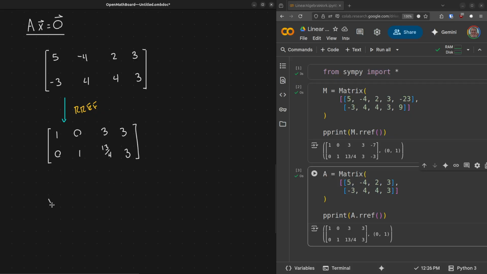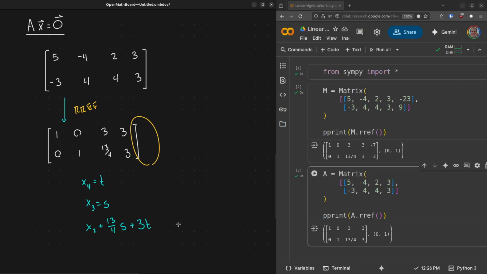the solution to the homogeneous system, again, we have 2 free variables. So x4 is t, x3 is s, x2. Find x2, let's turn this into an equation. So we have 0x1 plus 1x2 plus 13/4 x3, which is s, plus 3x4, which is t.